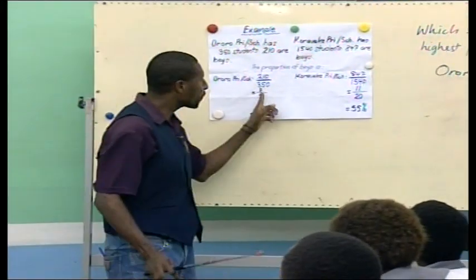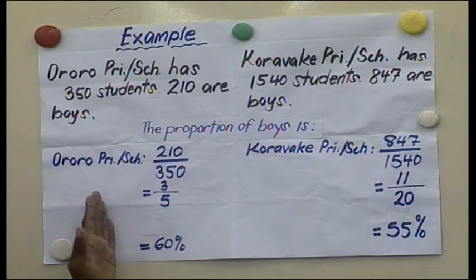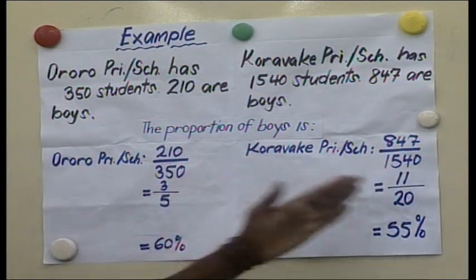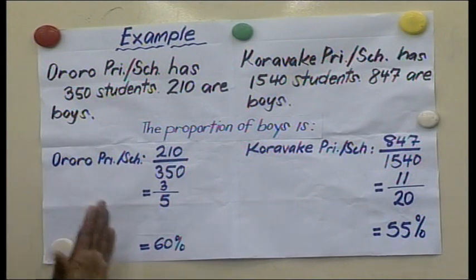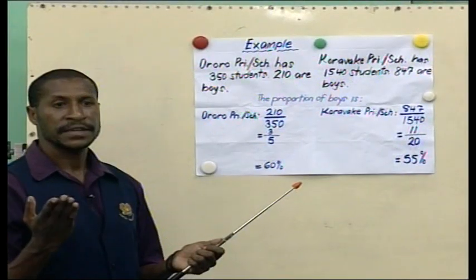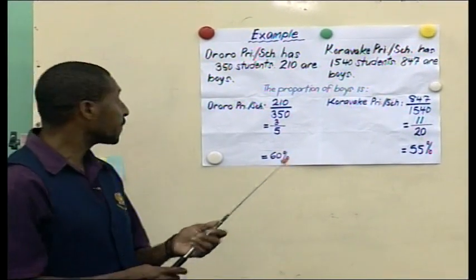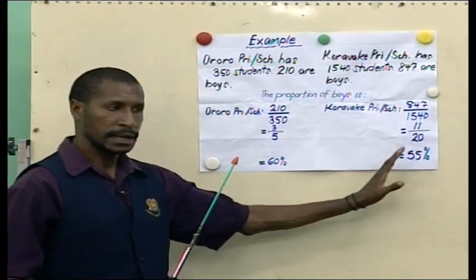We can also use fraction to compare. But in order to give us the exact figure, we use percentage. Percentage will give us a clear, fixed amount of which school has the most and which school has the least.